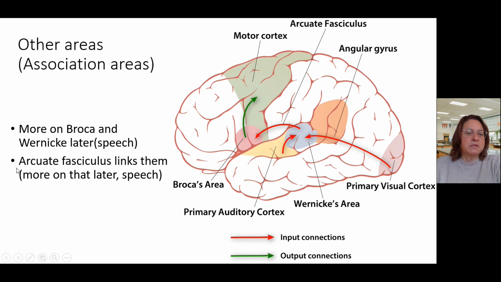And you've also got the fasciculus, which links the speech to the actual movement of your lips and vocal cords. So that is another outgoing thought. Speech is a tricky area, so that's requiring another area of the brain here.